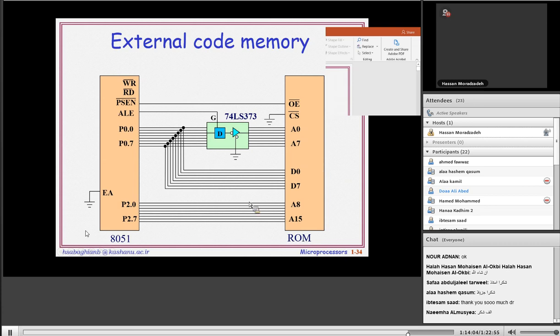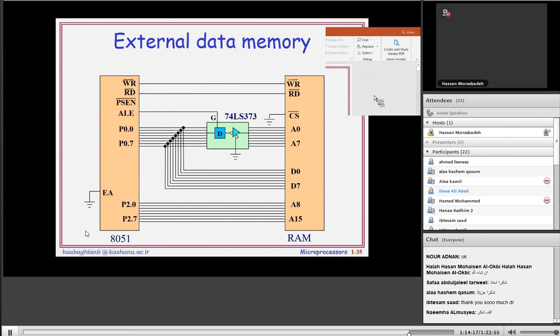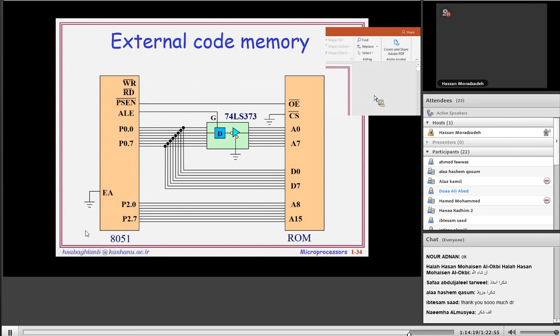Write bar is connected to write bar of RAM, maybe for code or for data. But read bar and program store enable are multiplexed in a NAND gate, and connected to output enable.